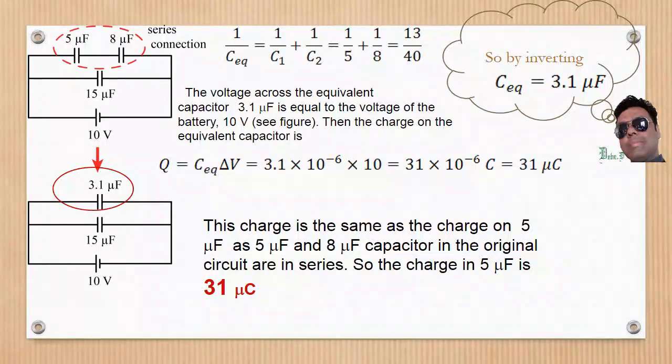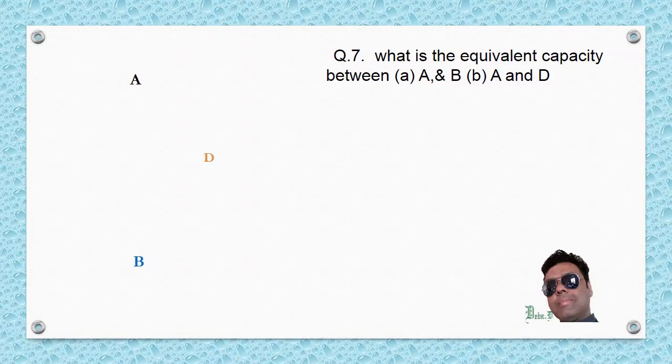I hope you like this question. Now a little harder. What is the equivalent capacity between A and B and A and D? Well, children, you need to see the diagram.